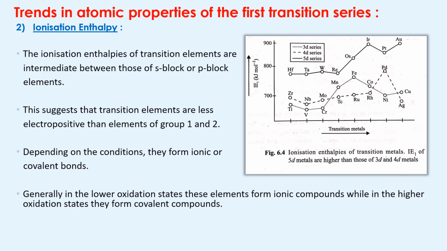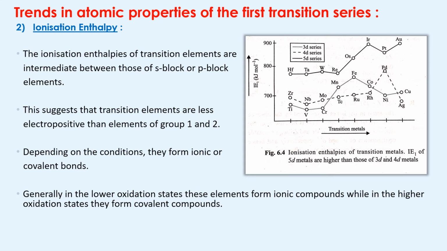The element showing a lower oxidation state forms ionic compounds, while with a higher oxidation state they form covalent compounds.